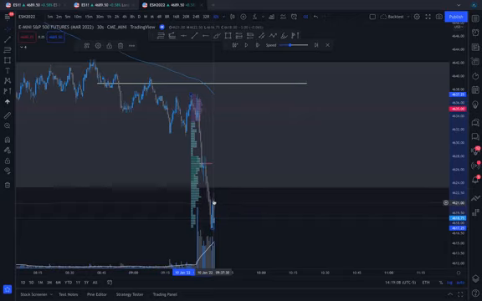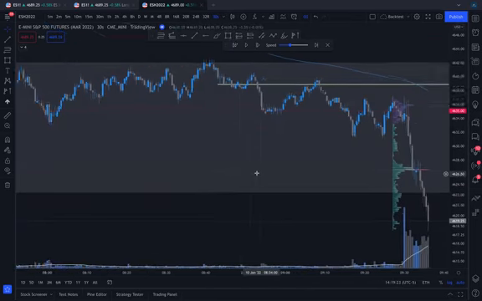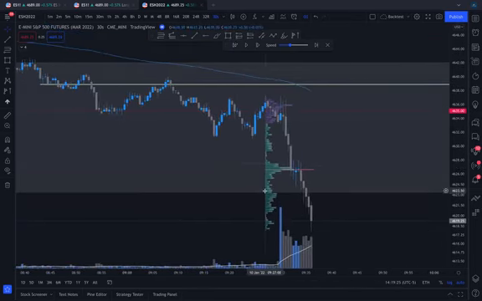Now I trade pretty fast and aggressively when I'm scalping, so I would have seen this come down, seen this volume created. If I do this, you'll see it was here. So we could see the volume already starting to be built there, right?